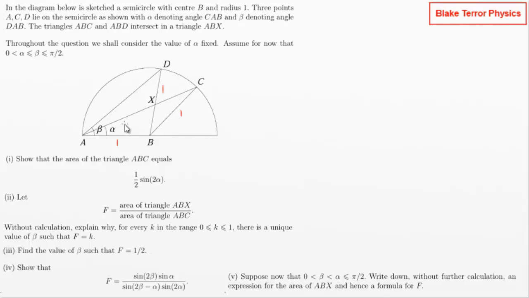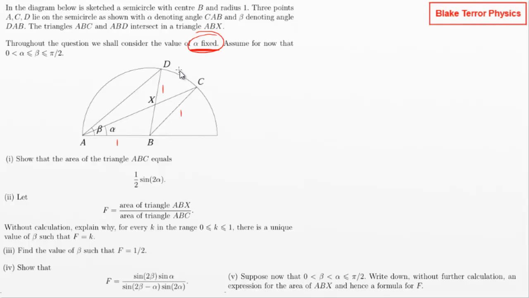Throughout the question, we shall consider the value of alpha fixed. That's important, I would imagine. Assume for now that alpha is less than or equal to beta, and alpha's fixed, so beta is varying between alpha and pi by 2.